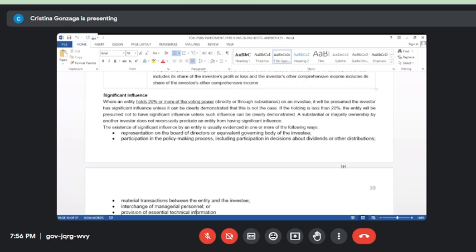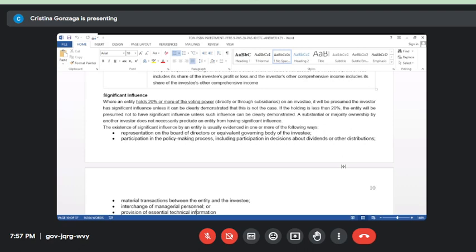Sino ba nagpa-policy making? Management, di ba? So if the investor has a participation in the policy making process of the investee, then that may also be construed as an indicator of significant influence.